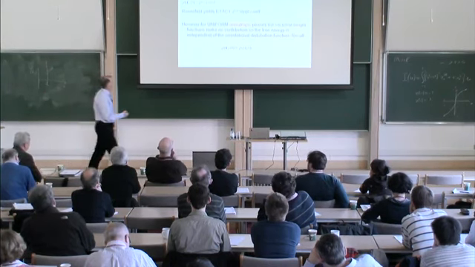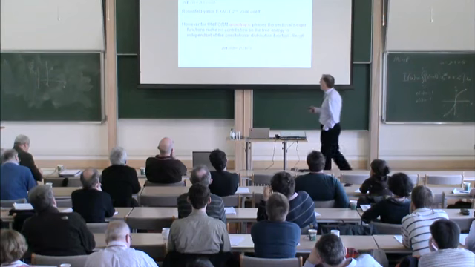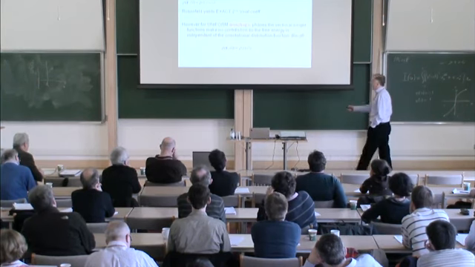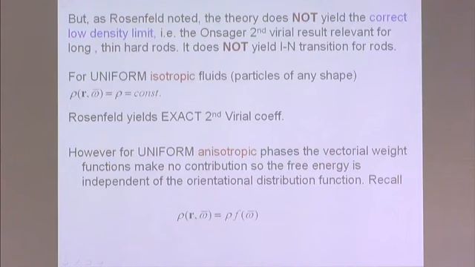But when you go to anisotropic phases, again, it's rather straightforward to show, if you have just the one-body density being the density times the orientational distribution function, that it's not exact. The free energy, in fact, is independent of the orientational distribution function.